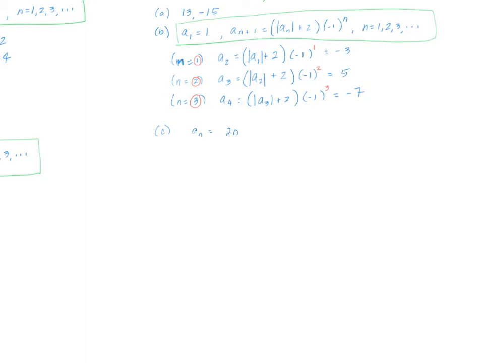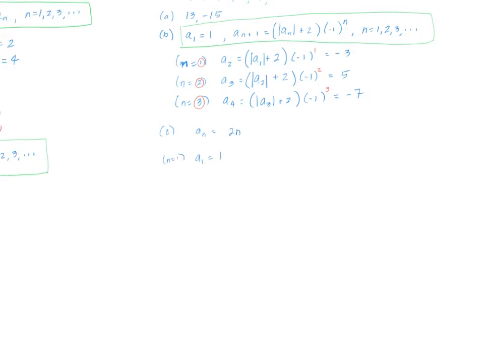Well, my a sub 1 is 1. So if I take, and this is when n is equal to 1, so if I take 2 times n, that's 2, and if I subtract 1, that gives me 1. When n is equal to 2, I'm at a sub 2.